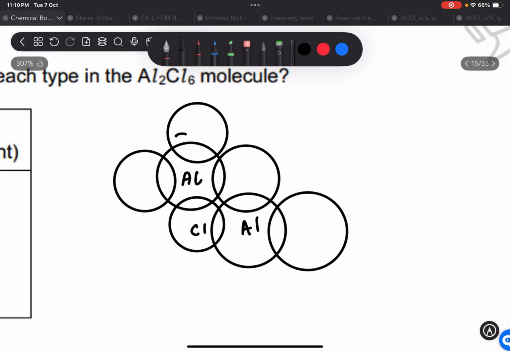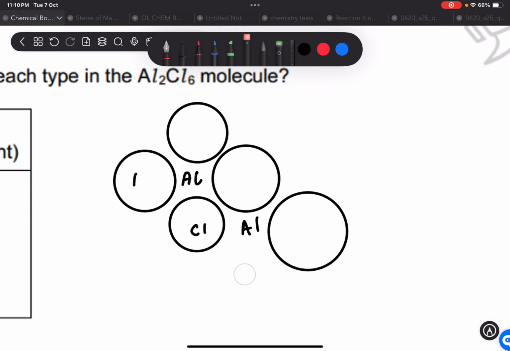I guess that's how you draw it. Al, not Al. What am I doing? Okay, let's make Al with a different color so that there's good color coding. Like this.